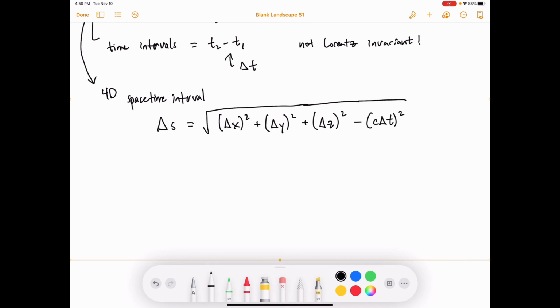I'm not going to prove this, but this is a Lorentz invariant. So all observers can agree on this quantity. Notice that this equation is similar to the Pythagorean theorem.